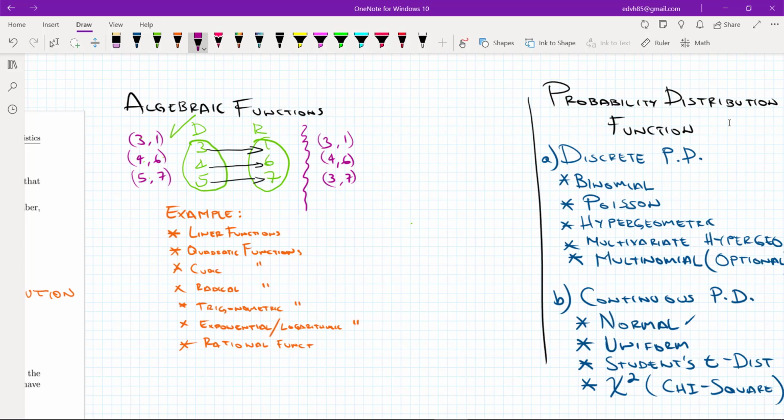All right, so let's see if this is the same for the second example. In this case, we have these ordered pairs. The domain represents the x's, the range represents the y's. For x's we have 3, 4, and 3, we don't need to repeat the 3, and then 1, 6, 7. So let's use arrows.